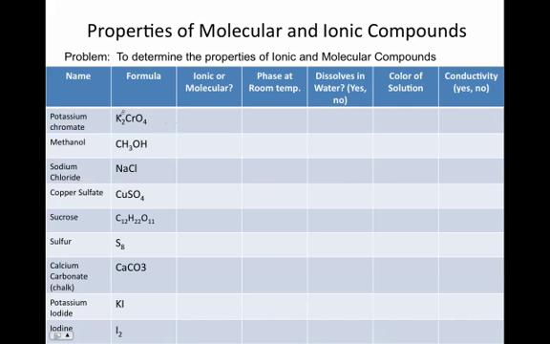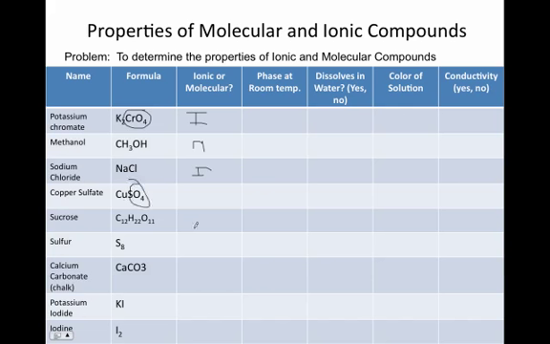So potassium is a metal. This is actually a complex polyatomic. In grade 9 we don't have to know that, but this would be ionic. These are all non-metals, so this is molecular. Metal, non-metal, ionic. Metal, and then complex. Don't have to know that.